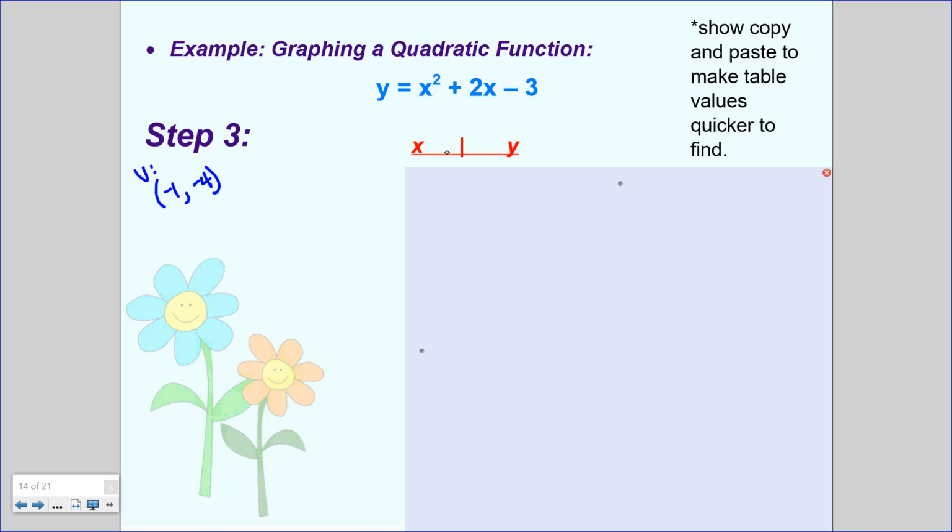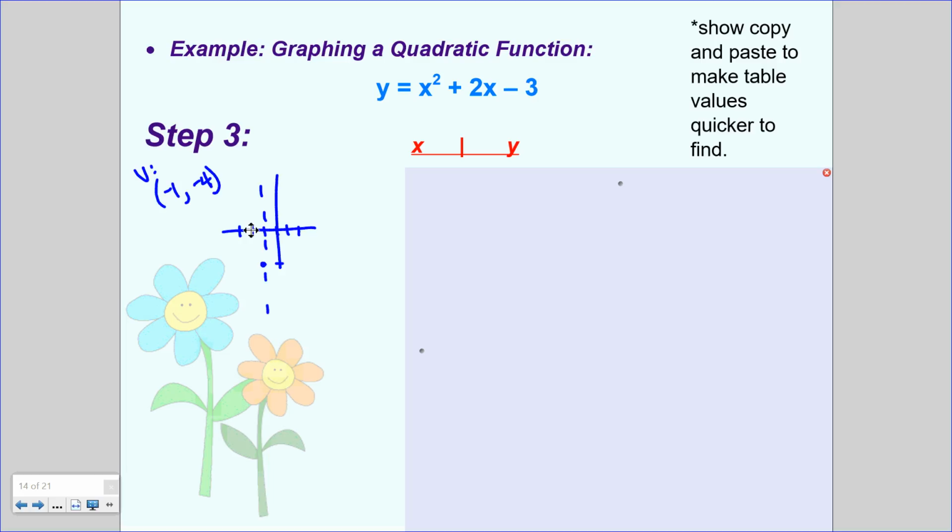From here, we need to find some other points on our graph. So we know that about right here is our vertex. So what we're going to do is now look for some of the points that would fall either to the left or the right of our axis of symmetry.